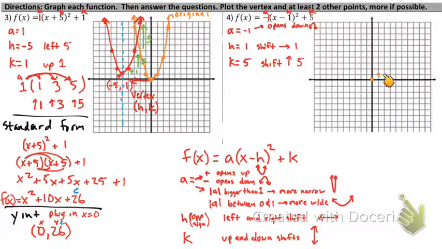Go over 1 again, but now go up 3. Go over 1 again, and go up 5. Over 1, 1, 2, 3, 4, 5.